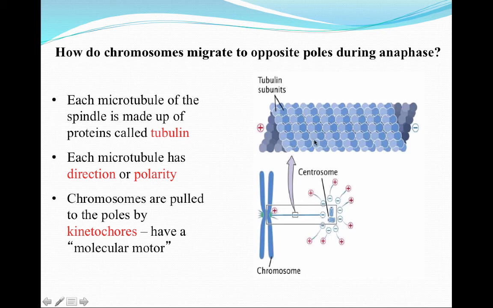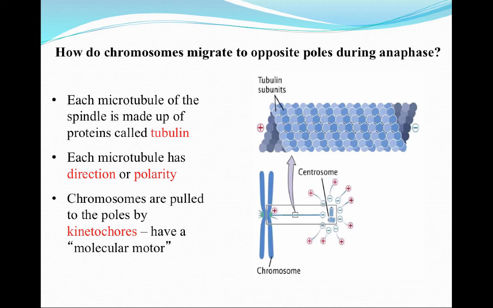So each microtubule also has a polarity to it. So one end of that tubulin subunit is going to be positive, one end is going to be negative. And this is really what drives the whole process of taking a sister chromatid from the center of the newly forming cell and taking it to the pole. So chromosomes are going to be pulled towards the poles by kinetochores. And this is done via a molecular motor.